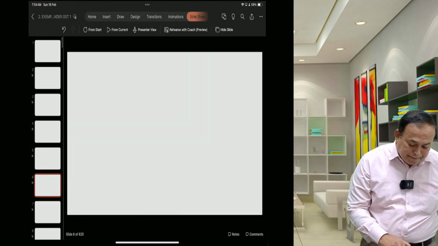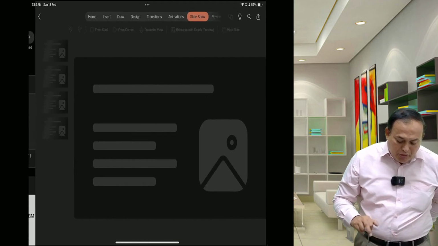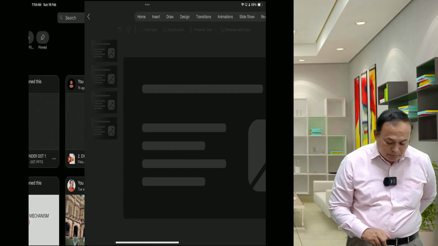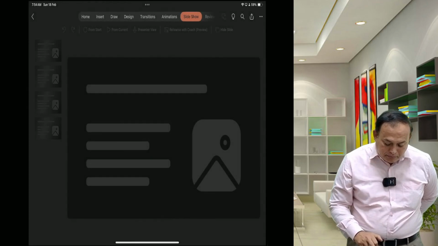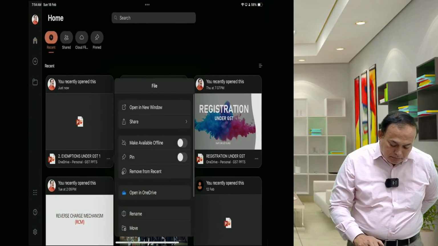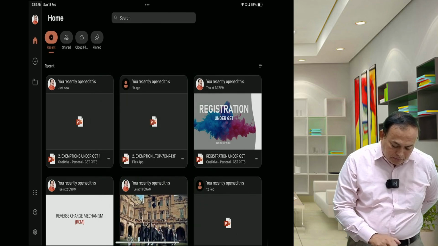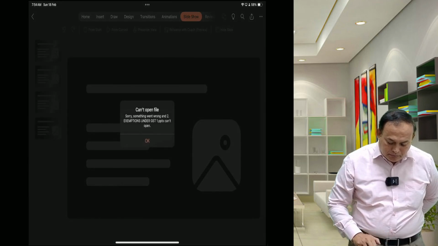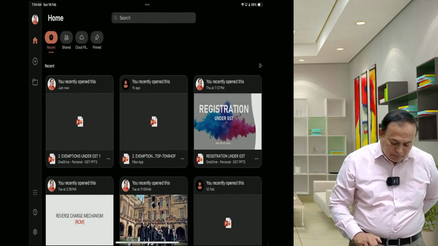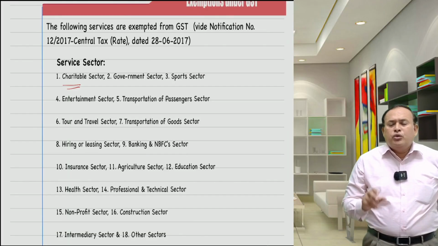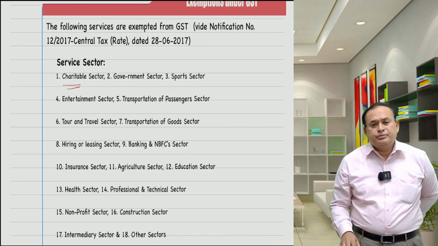When you say charitable sector, which charitable sector are you talking about here?